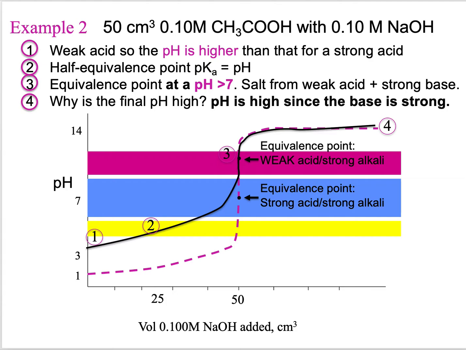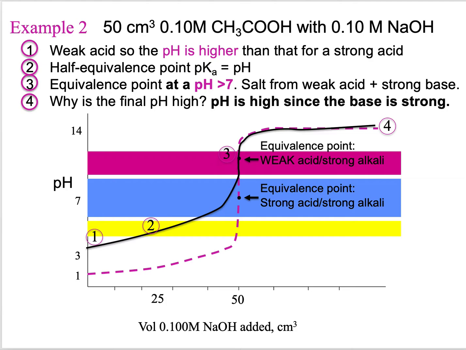So for number one, the pH of the weak acid is higher because the hydrogen ion concentration is lower. And the half equivalence point, the pKa, is when you've added 25 centimeter cubed of the alkali, and that's going to equal the pH.